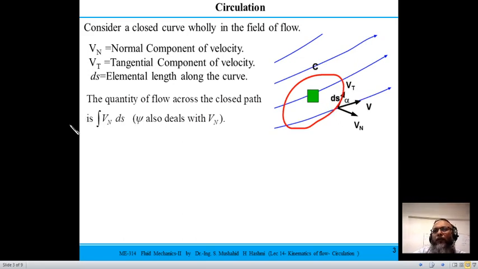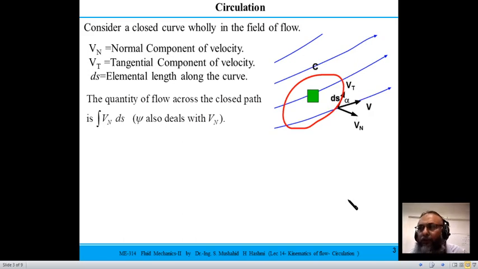So this integral would be the integral of the normal component over this length, dealing with what is coming out, and that is something we represented in the definition of the stream function. The stream function is where the velocity vector is always tangent, but the flux coming out of the region is always through the normal component of the velocity.